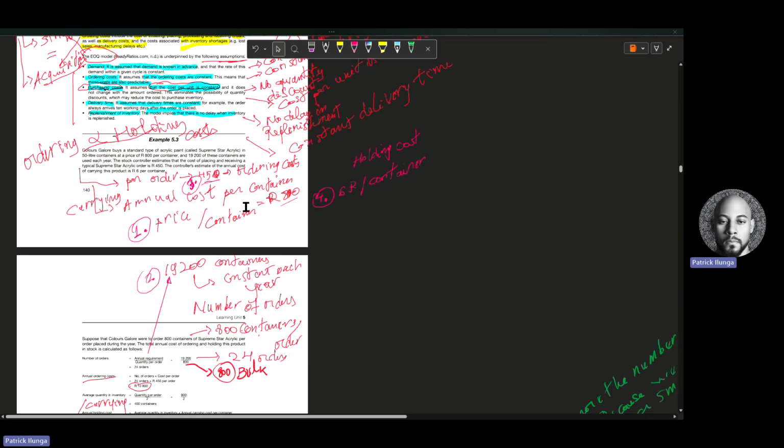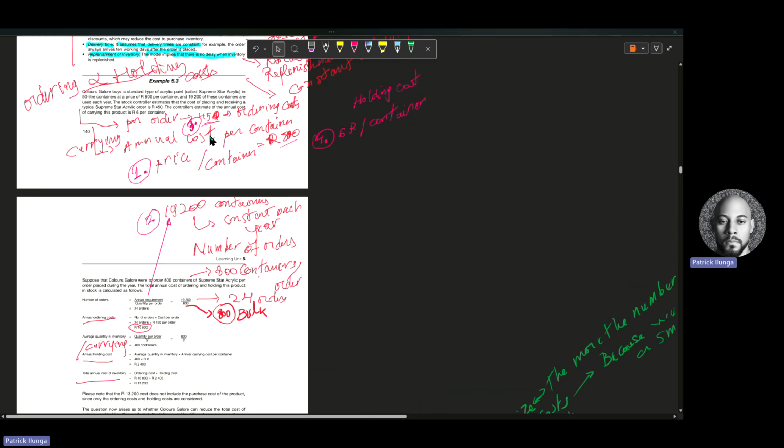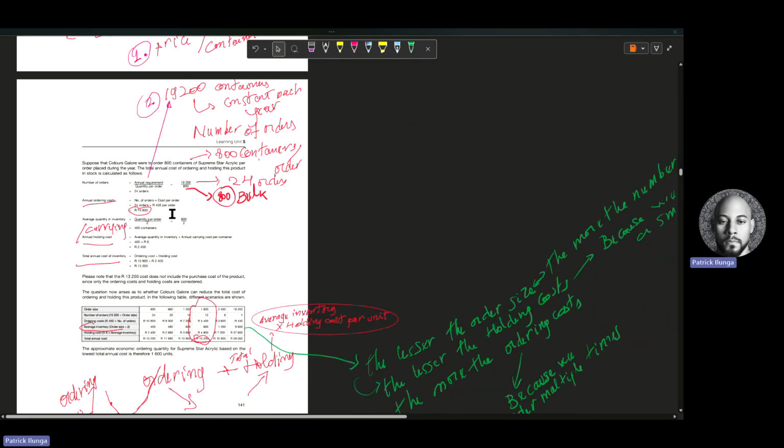So for ordering one batch of 800, we will spend 450 Rand. You remember that, right? So that's the ordering cost. How many orders do we have? 24. 24 times 450 gives us what? 10,800, right? So that will be basically the annual ordering cost, 10,800.